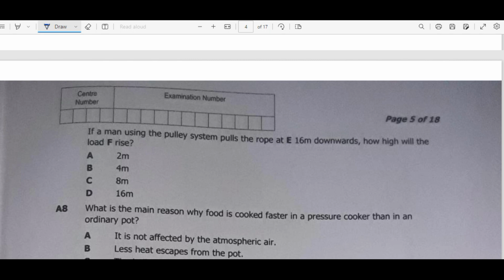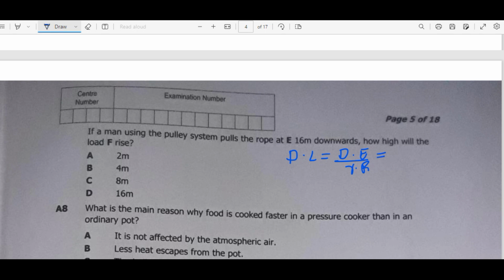So the key point is, if you are given the distance moved by the effort and you are told to find the distance moved by the load, you just have to divide the distance moved by the effort by the velocity ratio. So distance moved by load is equal to distance moved by effort over velocity ratio.